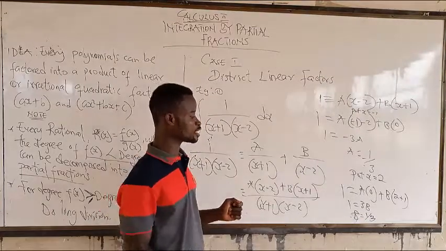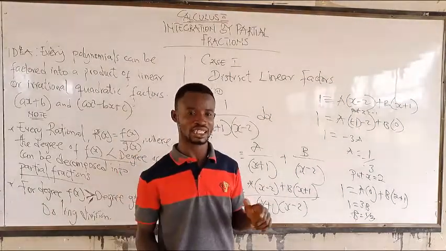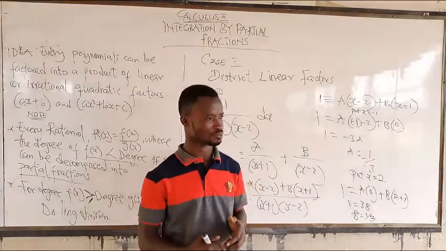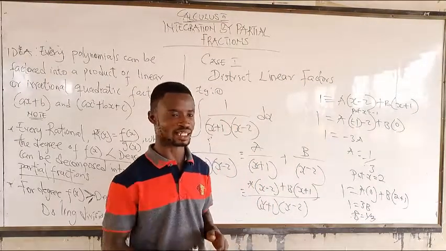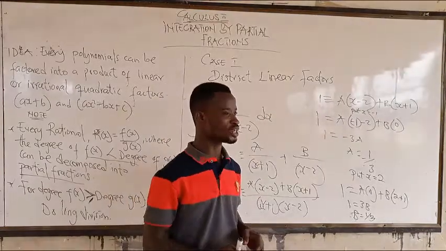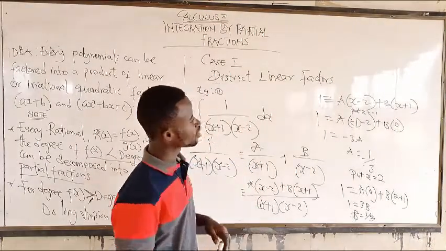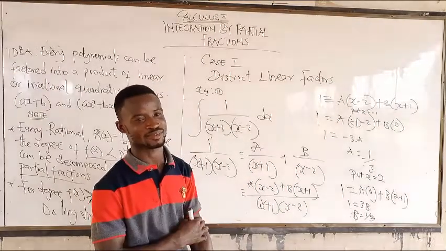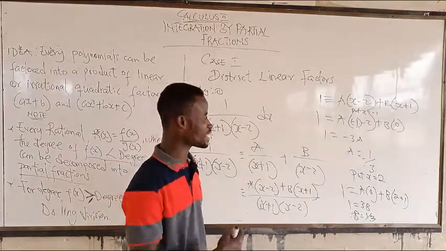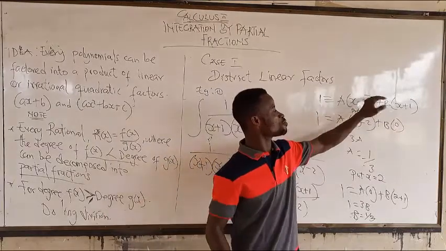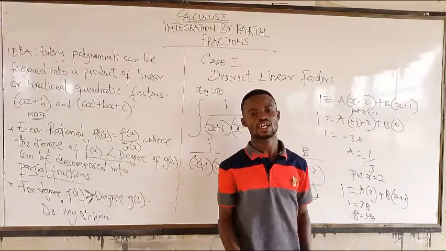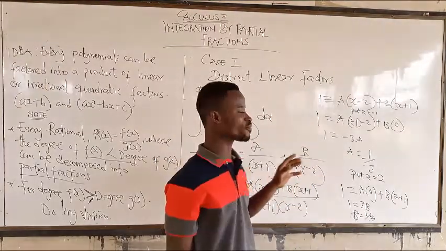Please, do not forget that elimination is not the only method you can use. You can go by the other method, where you expand and simplify the right hand side, and after expanding and simplifying, you compare it to the left hand side.